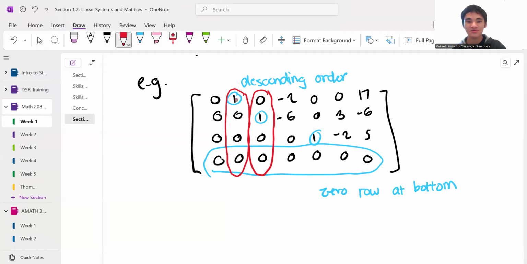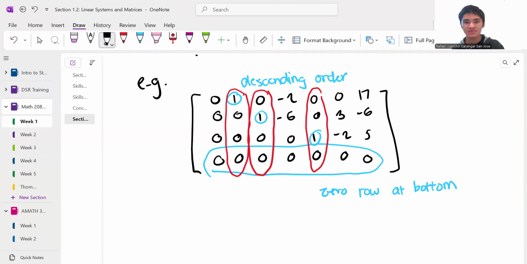So that doesn't include the first column because the first column is all zeros. So that's not a pivot column. Second column is a pivot column. Fourth column is a pivot column because it does contain a pivot here, right? Great.